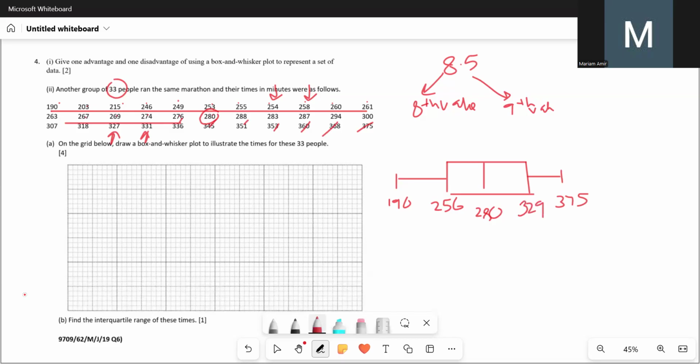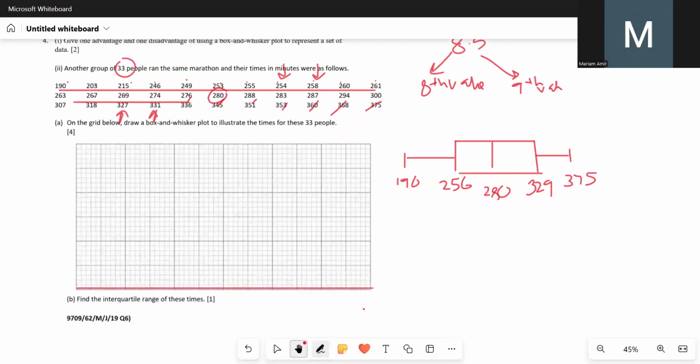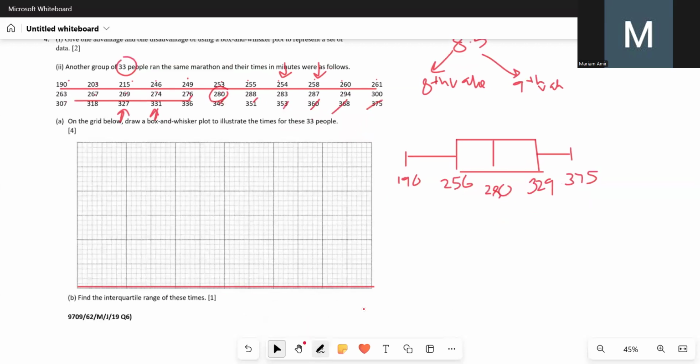Now we're going to properly plot these on the grid given. We first need to select a scale. We need to go from 190 to 375, so we could start with 180. Then can we have 10 unit divisions?